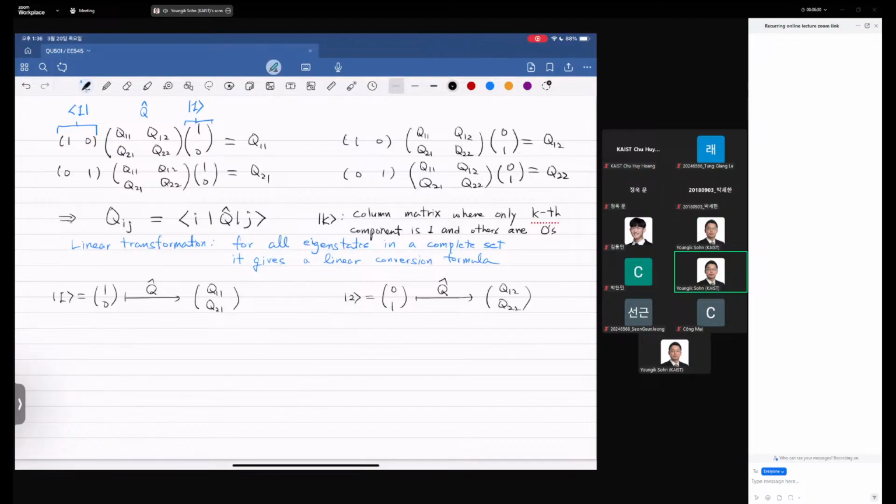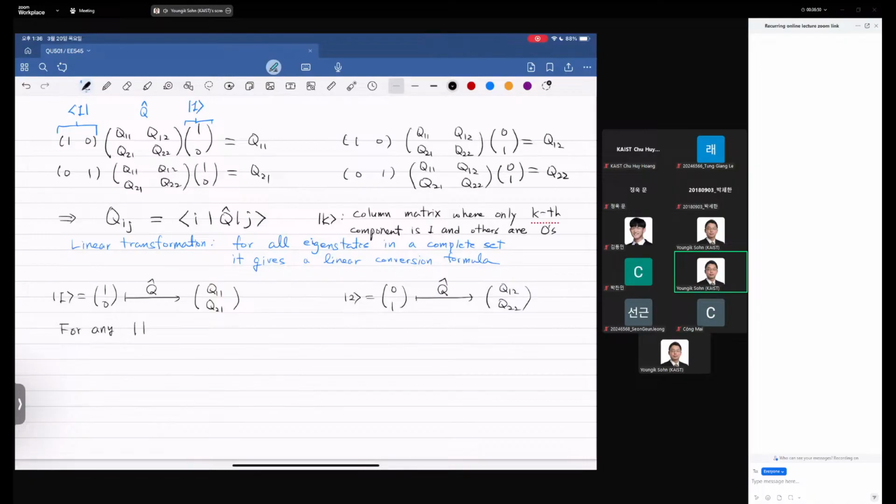Once we figure this out, we are ready to calculate how Q transforms any arbitrary input, because of this linear combination property.